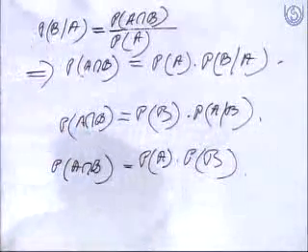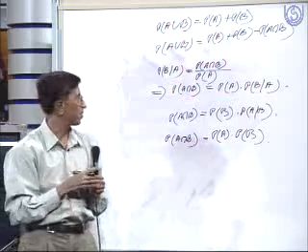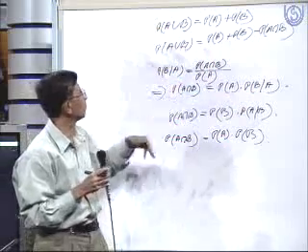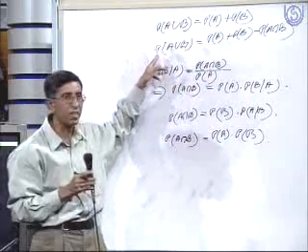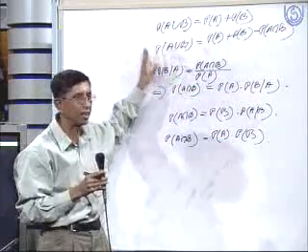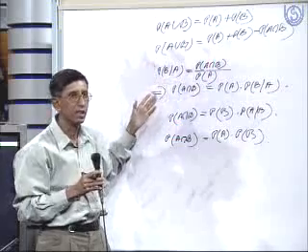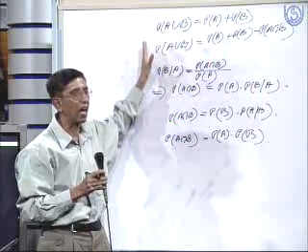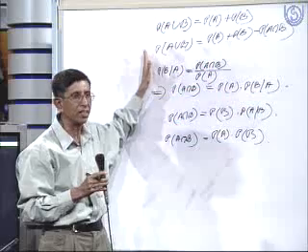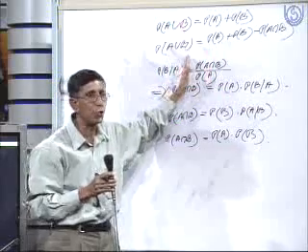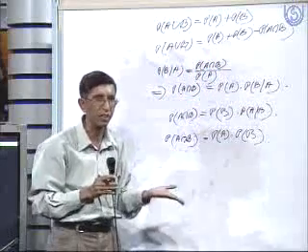Like this. Now, let me say some things about these two theorems. Here, I have talked about these two theorems in connection with only two events. But these theorems are perfectly general in nature and they can be extended to any number of events.